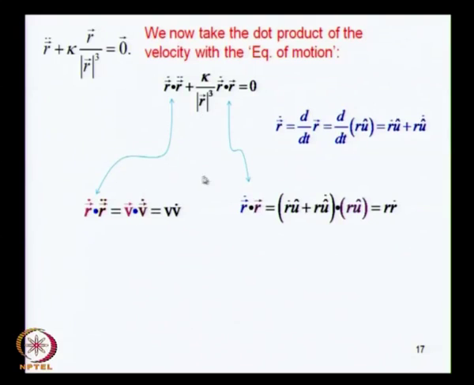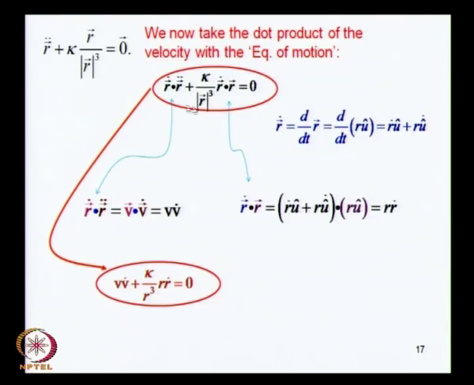So now you have got a rather simpler form, and you can rewrite this to get v v dot for the first term and kappa over r cube times r r dot for the second term, and this has come straight out of the equation of motion by taking its projection on the velocity.